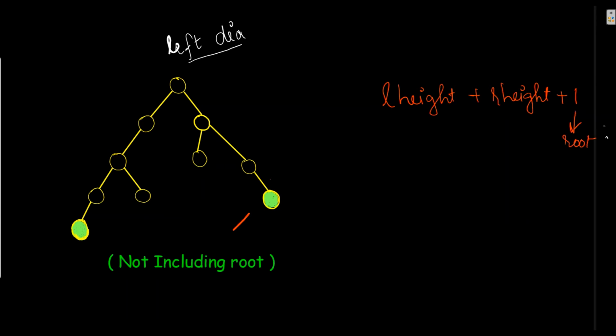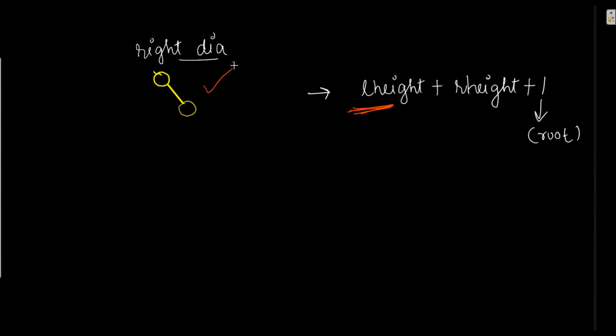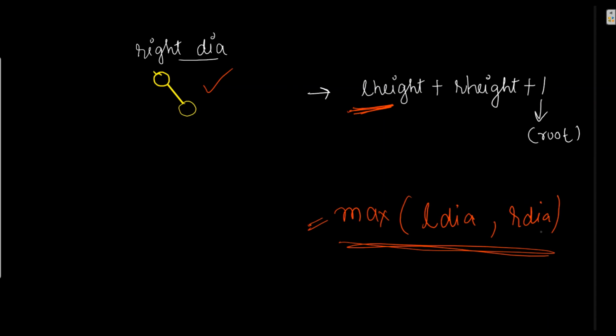Remember, this is the same as what we took when we were including the root, because here we are considering this to be a root. So we will take this left dia and calculate the left height for this, then the right height, plus 1 for the root. Similarly, we will calculate for the right dia. And then whichever is maximum among the left dia or right dia, we will take one of them.